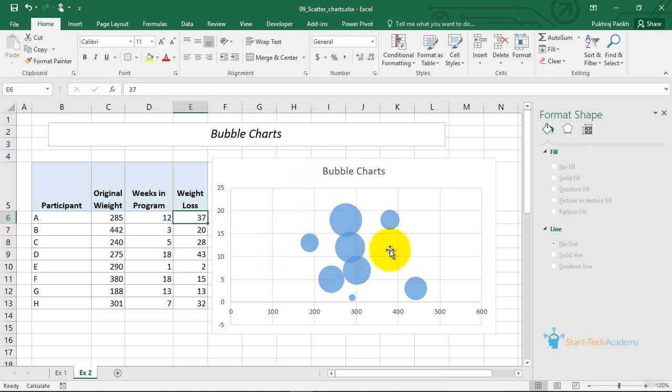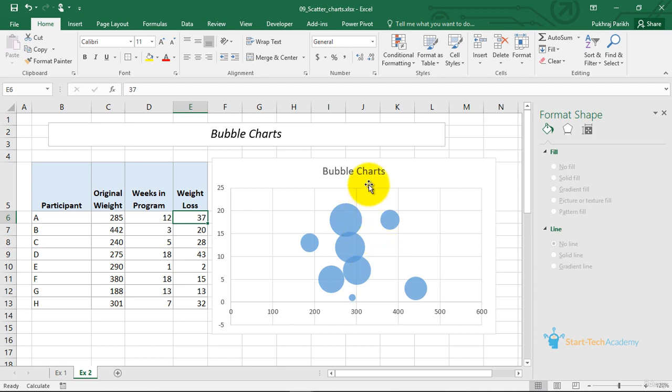The idea behind creating this chart is, if circles with larger radius are coming in a particular area of this chart, you can assign that maximum weight loss is being achieved by people belonging to that particular category.